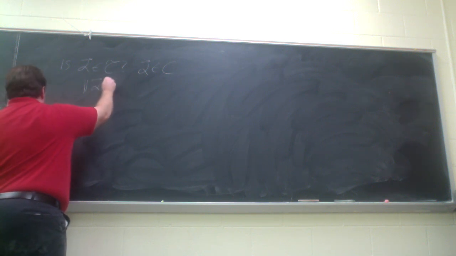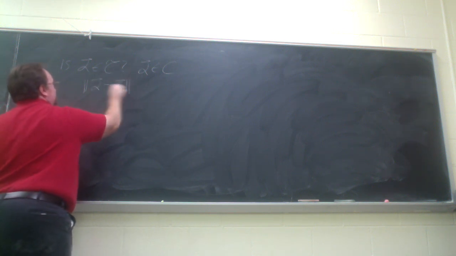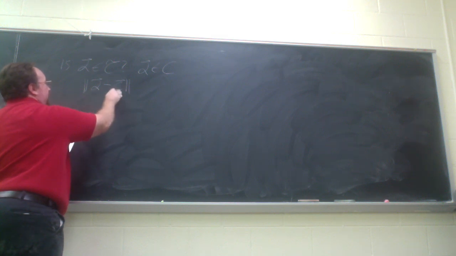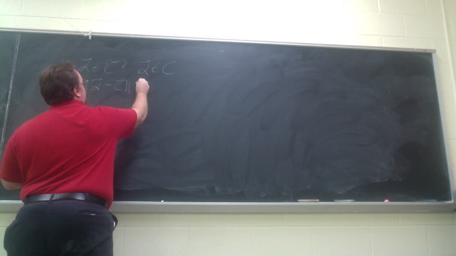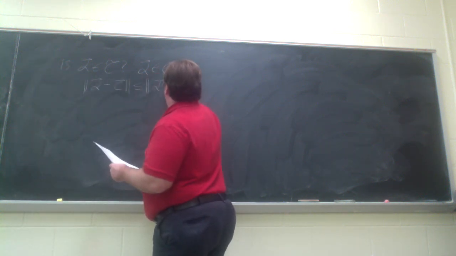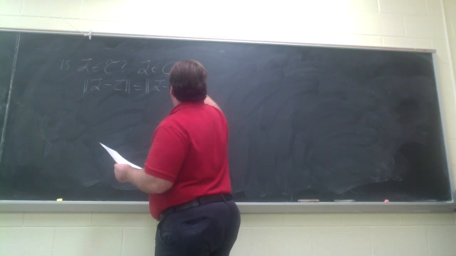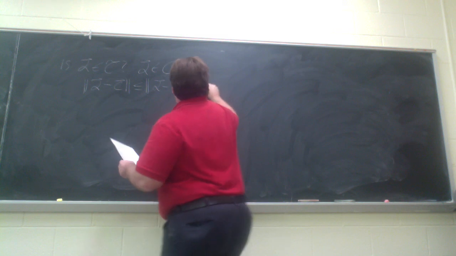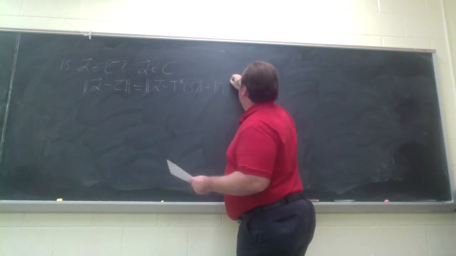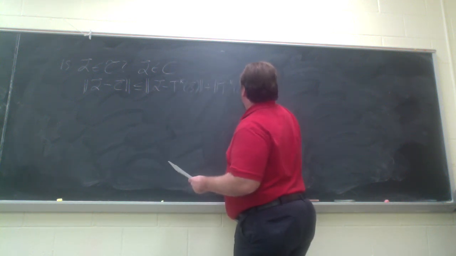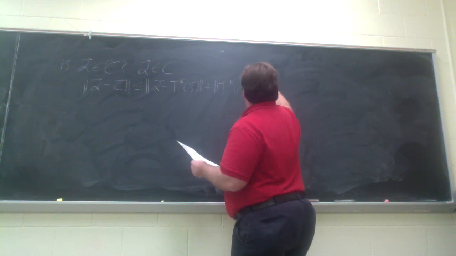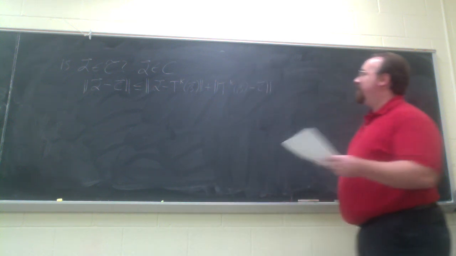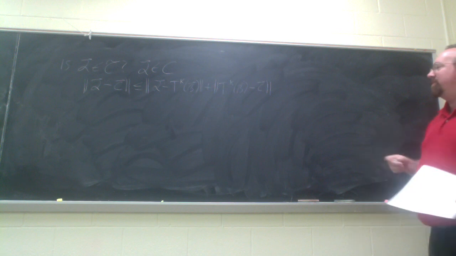The distance between our curve alpha of t and our center C is less than or equal to, and I'm really doing the add and subtract trick, the triangle inequality, so I'm adding and subtracting t to the k of beta. Okay, and then I pull them apart and use a less than or equal to.